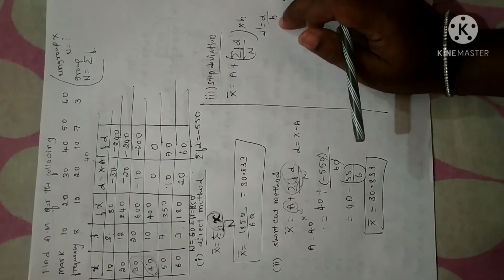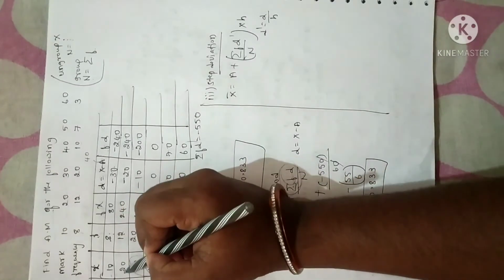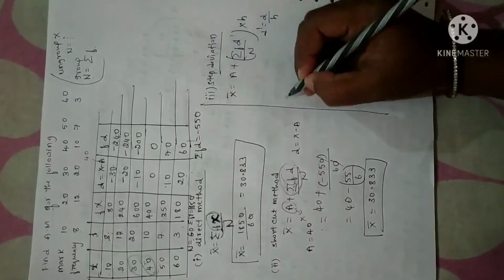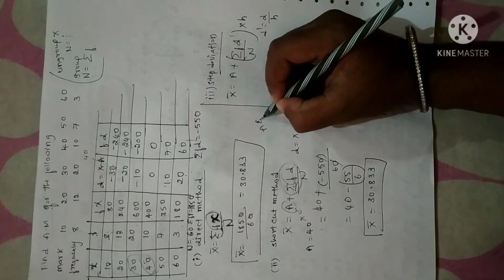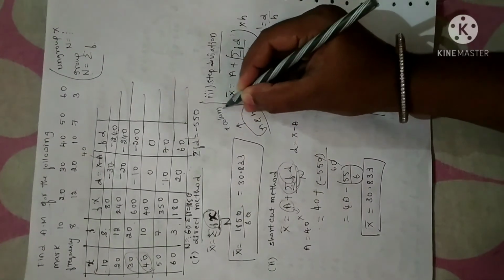H is none other than the common difference of the successive elements. So let me take the common difference. Remember, A and H are both from the X column. Remember, both are from the X column.